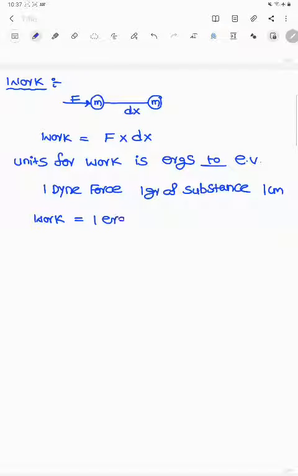1 erg equal to 1 dyne force into 1 centimeter distance.